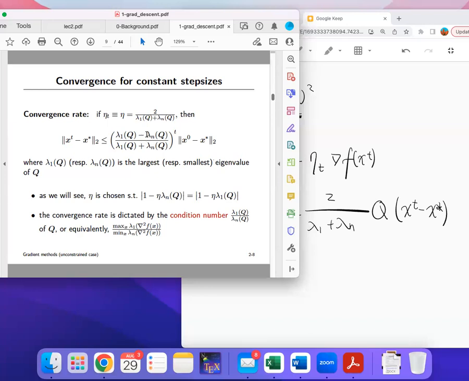And this coefficient is smaller than 1, because the numerator is the difference but the denominator is the addition of these two.